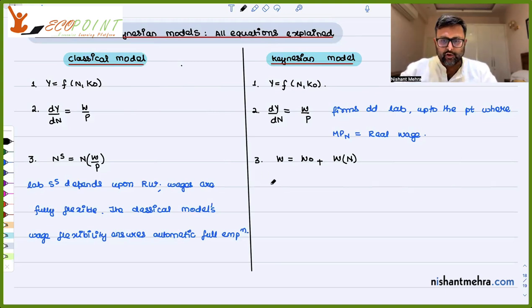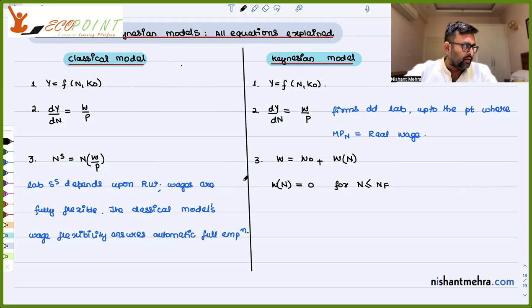So basically Wn is equal to 0 for n less than or equal to nf. For employment less than or equal to full employment of labor, Wn is zero. You are going to employ people at the fixed wage only.